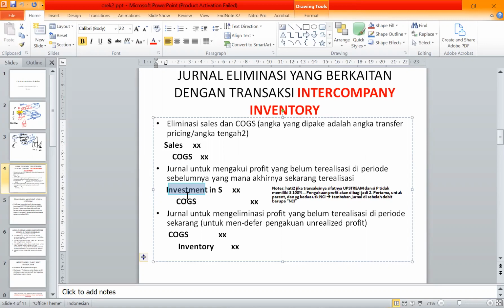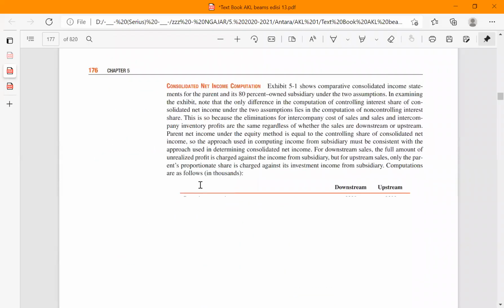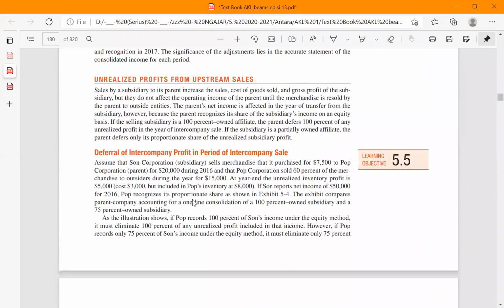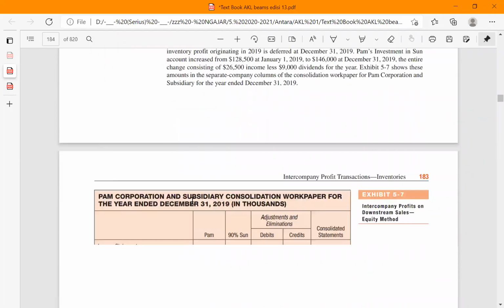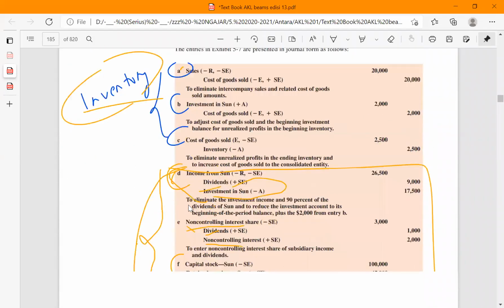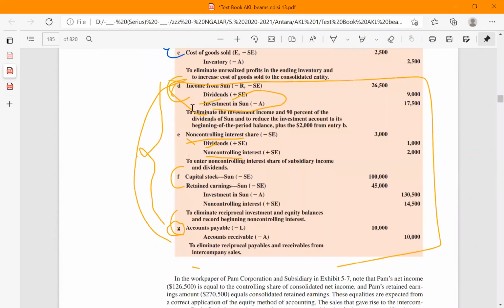And what about the remaining journal entries that you also have to journalize? Go back again to chapter 4. All of those journal entries you must also journalize: 1, 2, 3, and any other reciprocal.